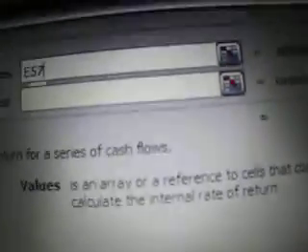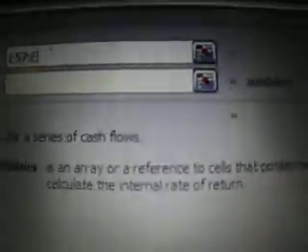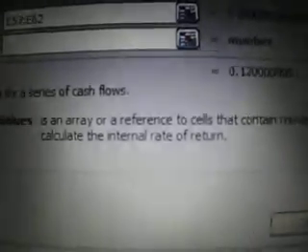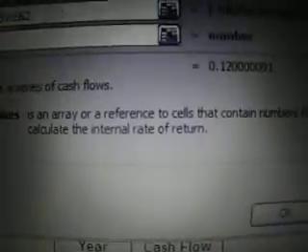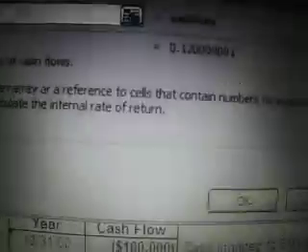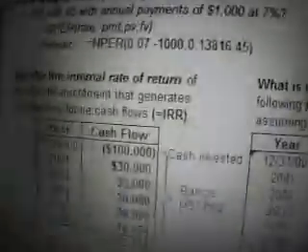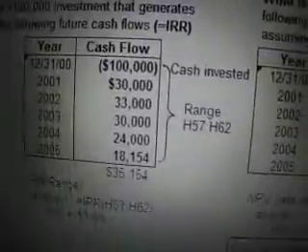You want to put a colon here so that you tell it that this is a range, and this is going to E57 to E62. That is all you need to do. You need to tell it that this is where the cash flows are. Click on OK, and there you go. The internal rate of return is 12%.